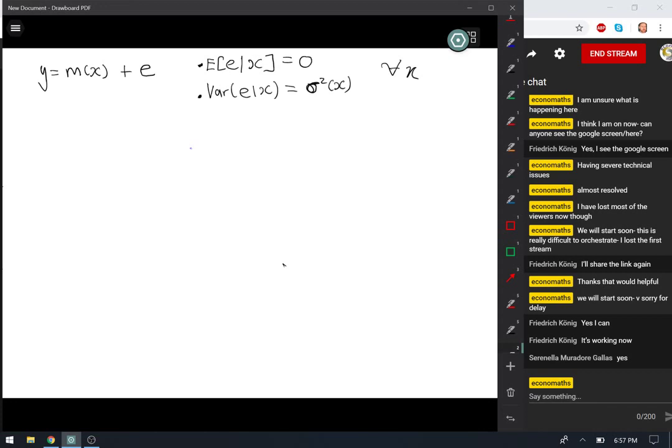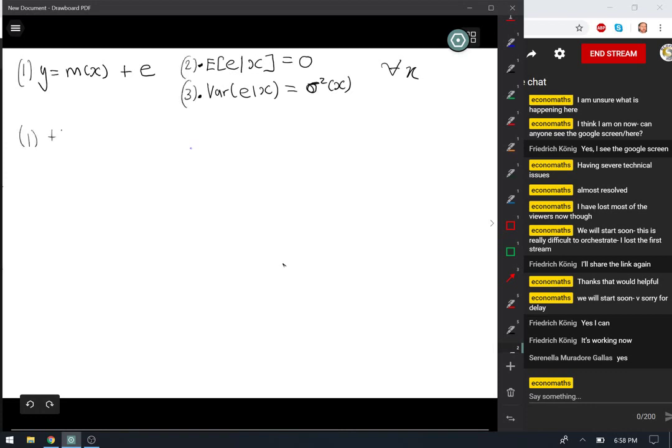What that means is, if we take this model and this assumption, if we call this 1 and this 2 and then 3, well, 1 and 2 just imply, take conditional expectations on both sides, we just plug in y, so that's the first assumption. So in essence, this m of x could be any nonlinear function of x.